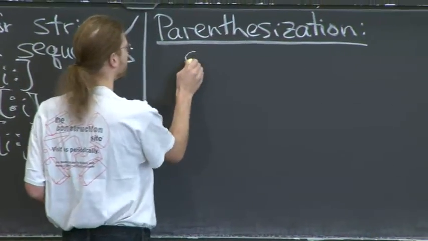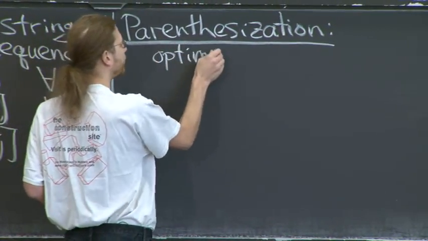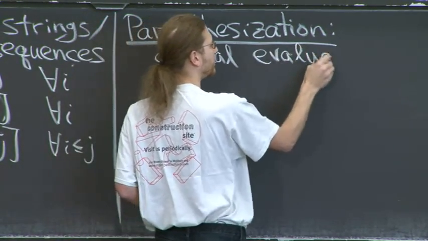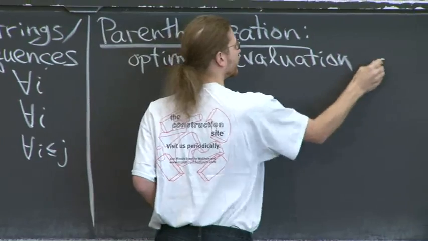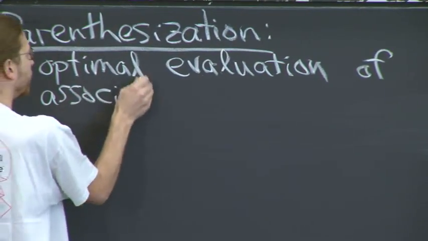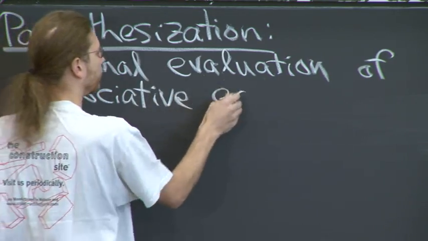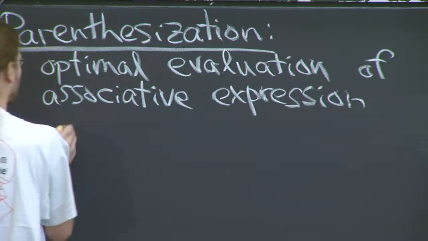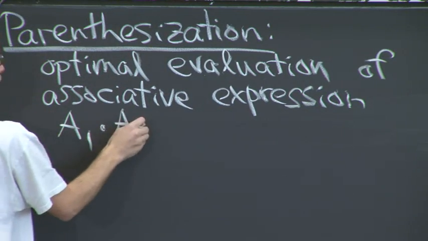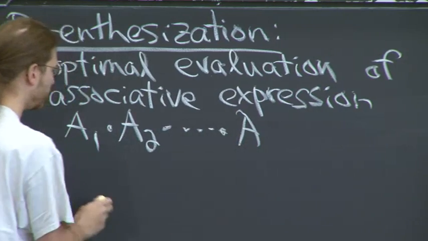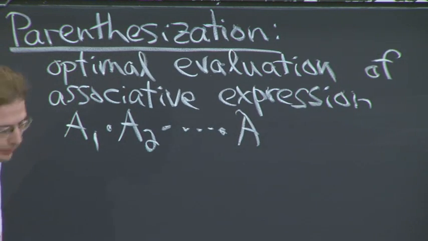You're given an associative expression, and you want to evaluate it in some order. For associative expression, I'm going to think of matrix multiplication. And I probably want to start at 0.